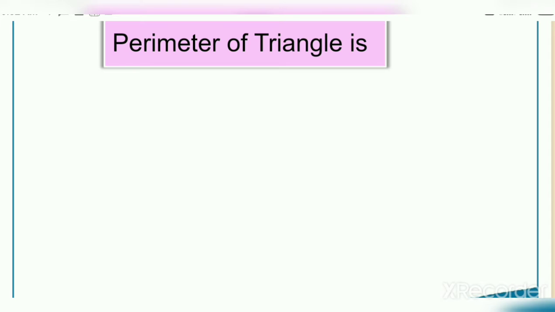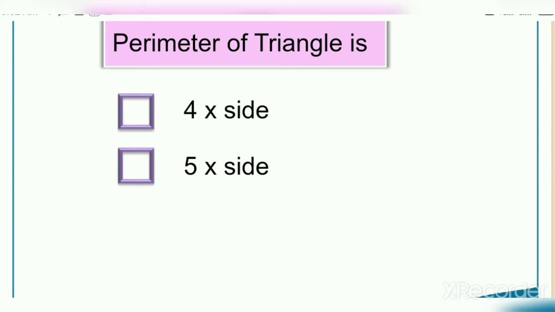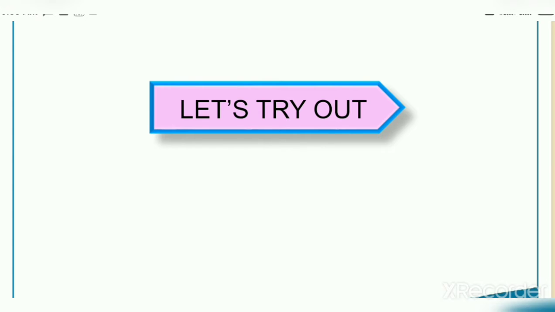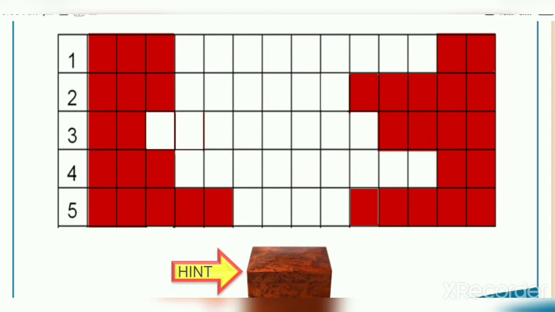Perimeter of triangle is 4 times of side, 5 times of side, or 3 times of side? It's 3 times of side. Yes, fantastic. Let's try out. 2 into L plus B shows perimeter of which figure? It's a rectangle.